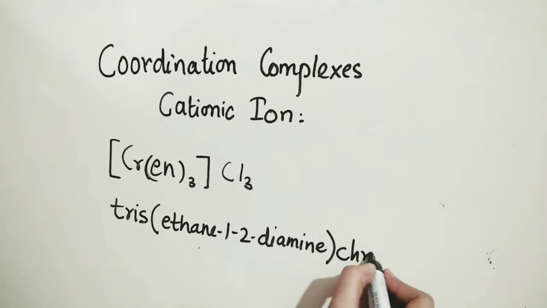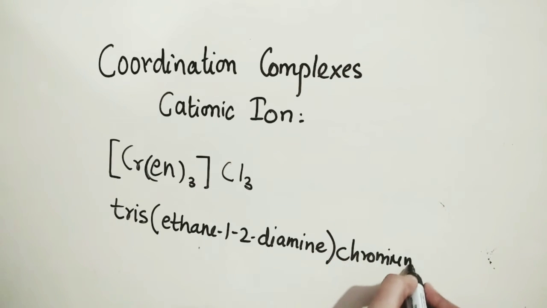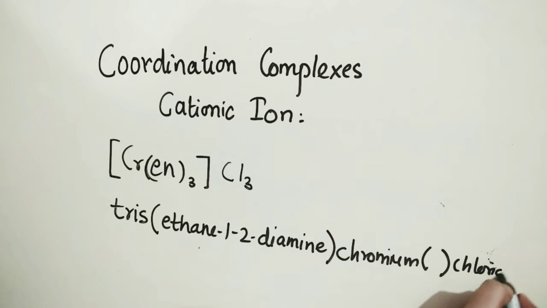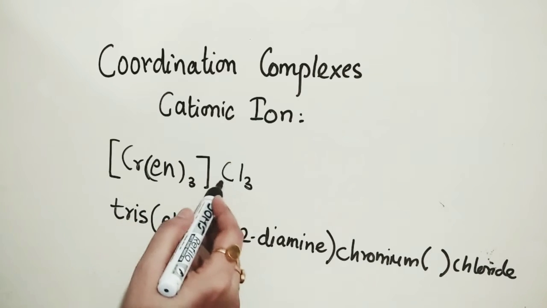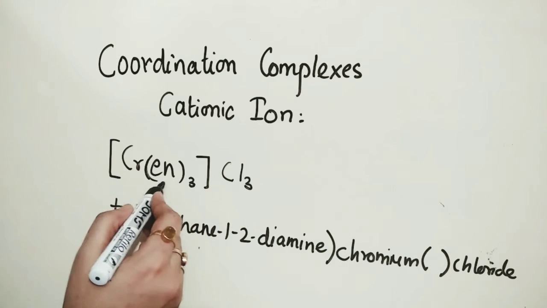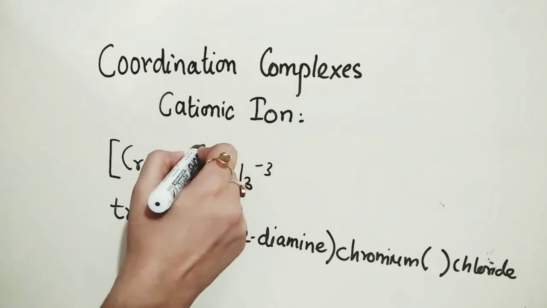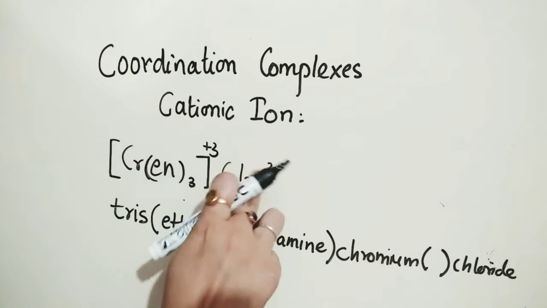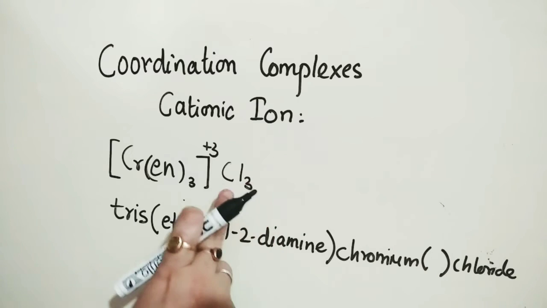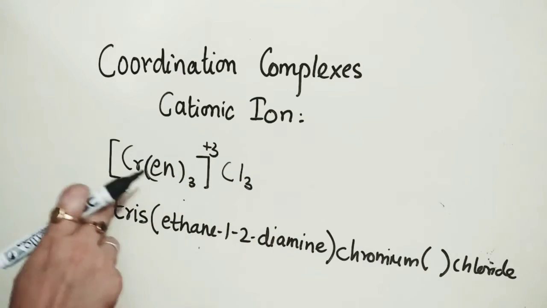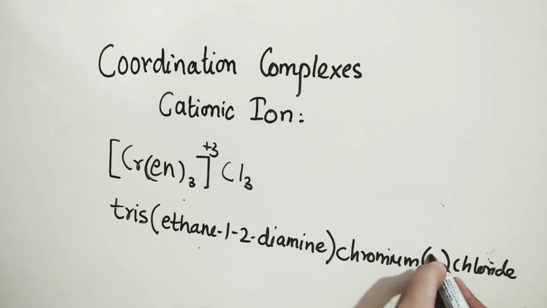Then chromium, bracket its oxidation state, chloride. So now the oxidation state: en is a neutral ligand, so its charge will be 0. The charge on the ion is -3, so it is +3. How is it -3? Each Cl carries -1, so 3 into -1 is -3 on this ion, so on the complex it will be +3.